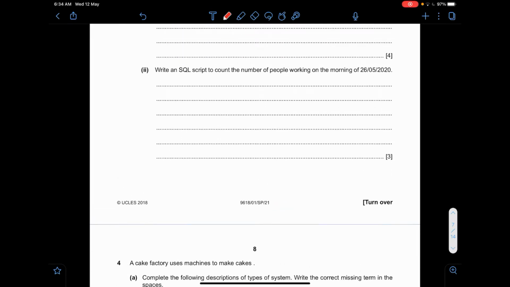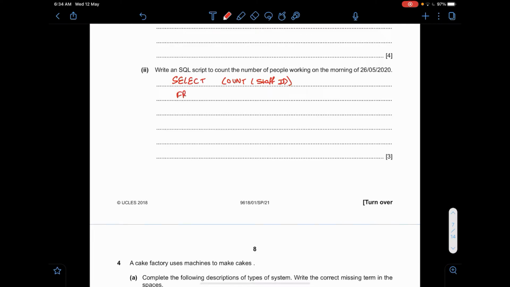And now we have to write an SQL script to count the number of people working on the morning of 26/05/2020, right? So we're going to use select again. We're going to use the type of function count. I'm going to write staff ID. Sorry, this was not supposed to be in all caps.